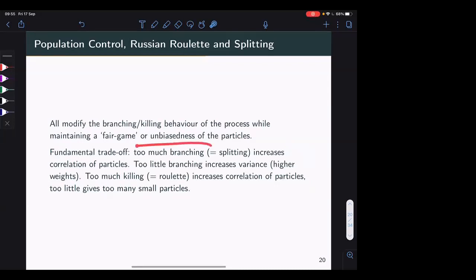But effectively, all of this is about how I manage the evolution of my measure of particles, my interacting particle system, in a way that follows as much as possible the process I want, while keeping particles in areas of interest. So there's a big question here about how to do this well. There are lots of ad hoc methods, but perhaps not much theoretical understanding of how to do these things well.